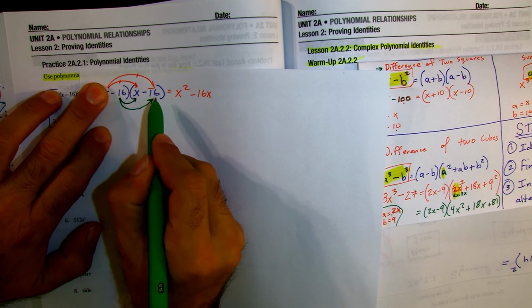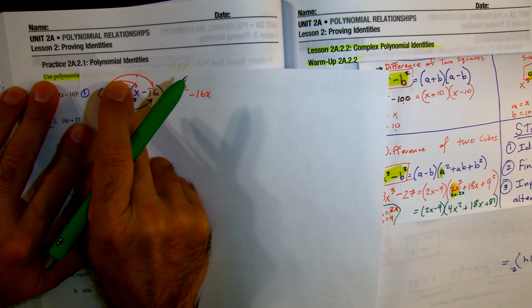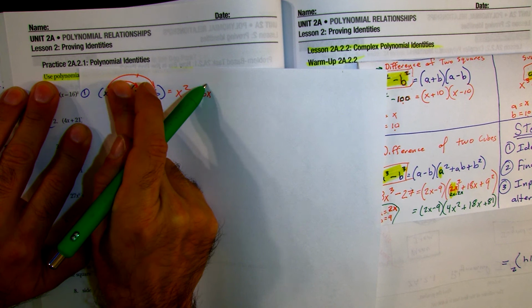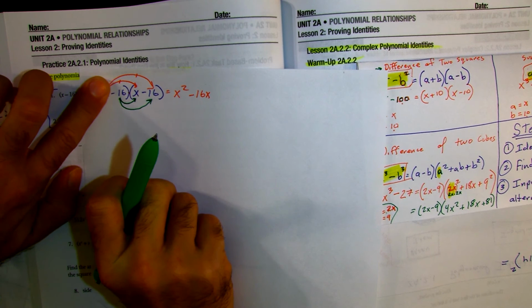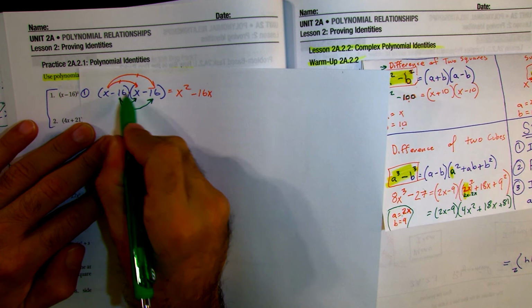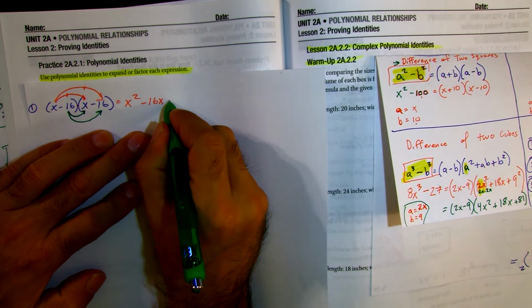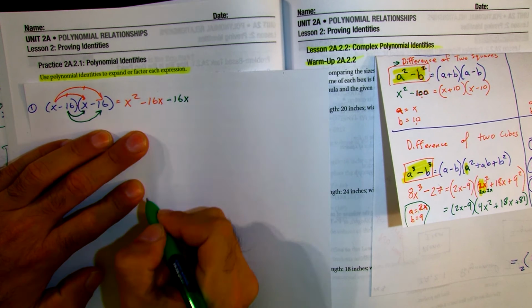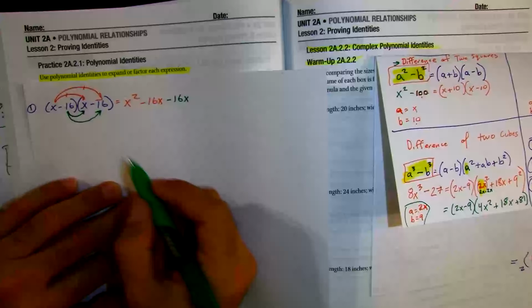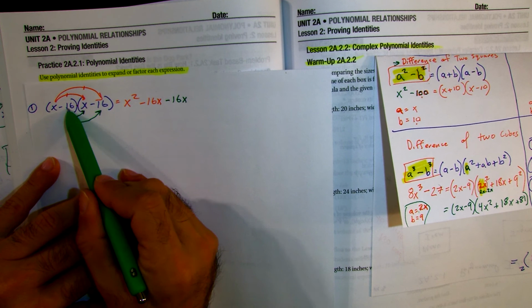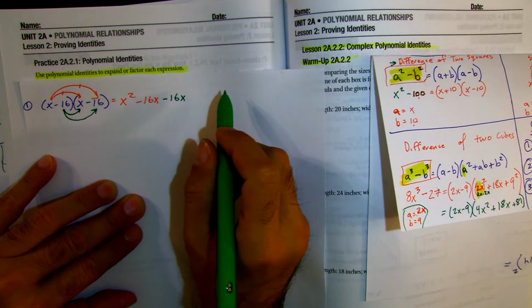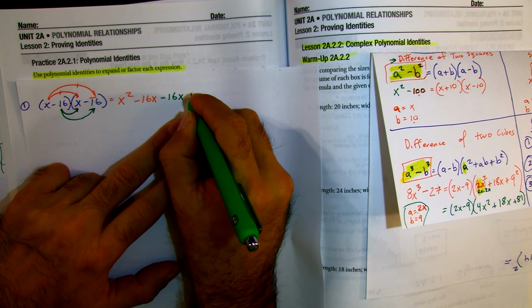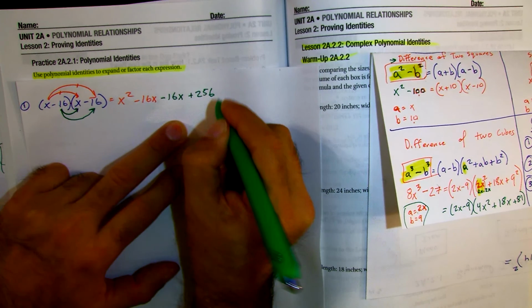You do them separate. First you look at the x, then you look at the negative 16. Negative 16 times x is negative 16x again. Lastly, negative 16 times negative 16 is positive 256.